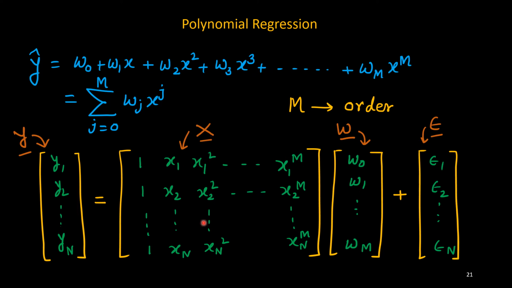We have n rows and capital M columns, so it is n cross capital M. This is the dimension of the X matrix. This y vector is an n-dimensional vector, and this W vector is an m-dimensional coefficient vector. These are m unknown coefficients that we are interested in finding, and these are the errors, n-dimensional errors.